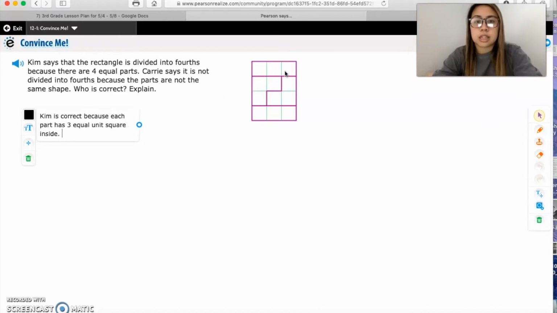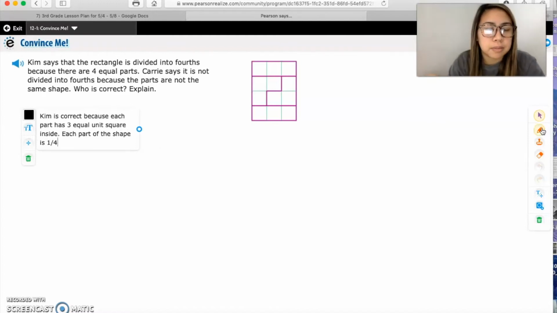And then since there are 1, 2, 3, 4, there are 4 equal parts. If we colored in 1, then 1 shaded part is 1/4. So each part of the shape is 1/4. And if you could write in a fraction, go ahead and write in a fraction.